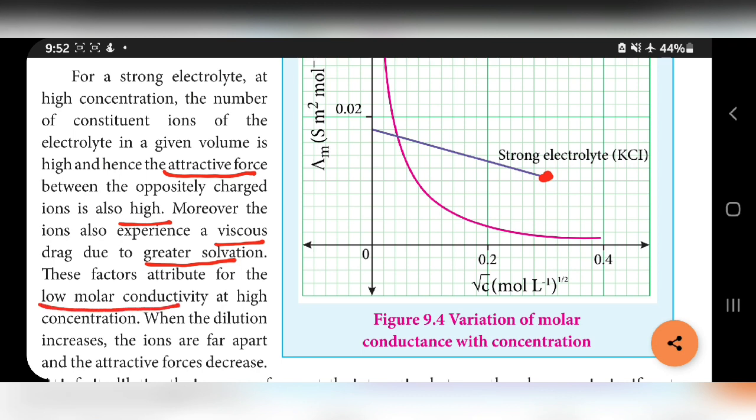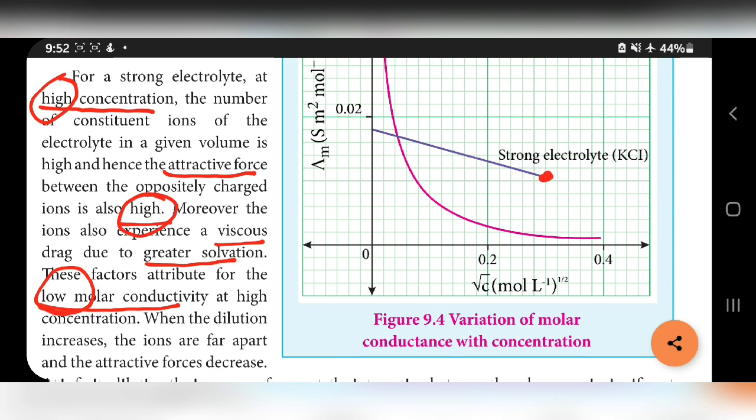So these factors contribute to the low molar conductivity. At high concentration for a strong electrolyte, which is completely ionized into plus and minus, more ions formed means concentration is high, so attractive forces are high.